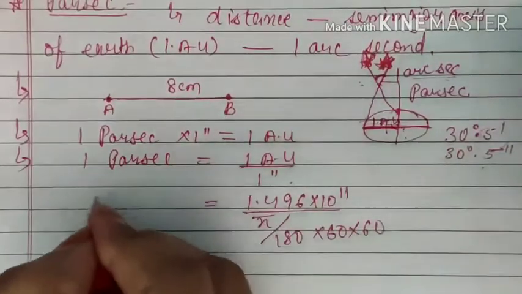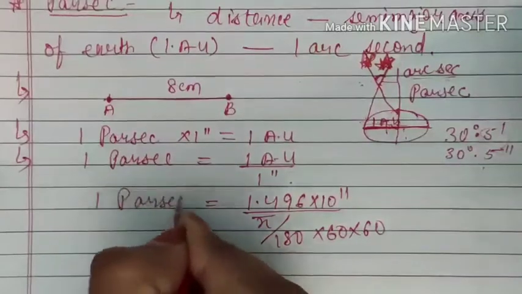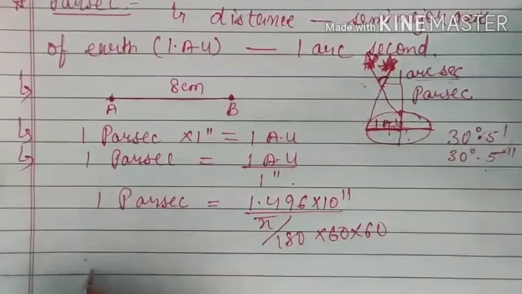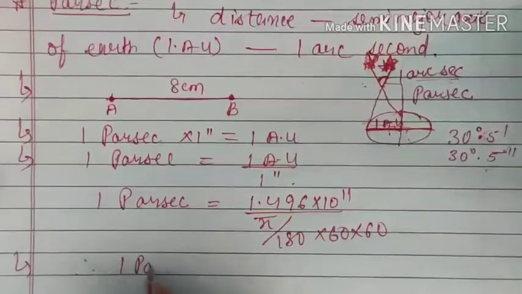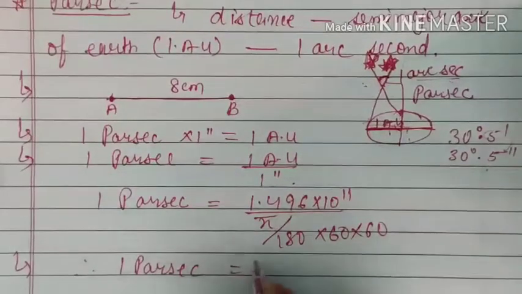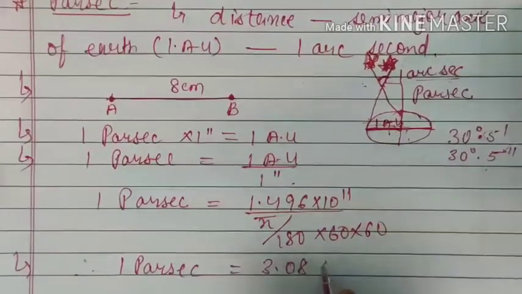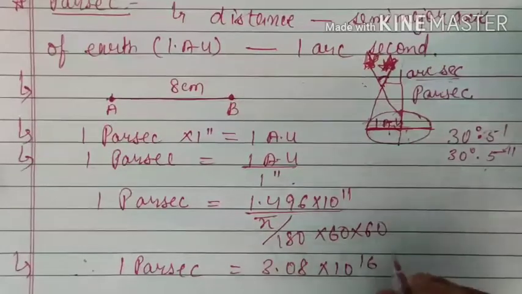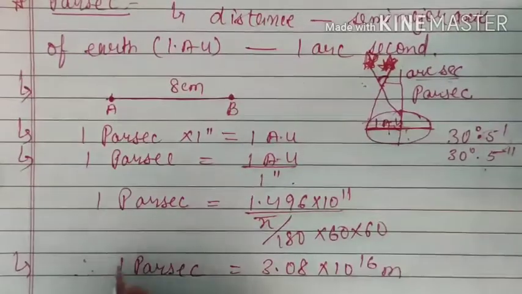Likewise we will get the value of 1 parsec. Therefore 1 parsec is equal to 3.08 into 10 raised to power 16 meter.